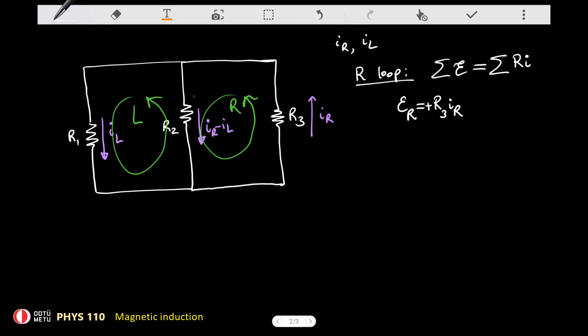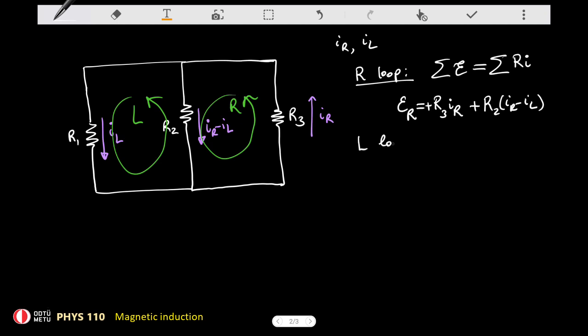On R2, I'm also going parallel with the direction that I have written down the current. So this is plus R2 times the current on that branch. The only unknown in here is the EMF, and the others are the usual unknowns.